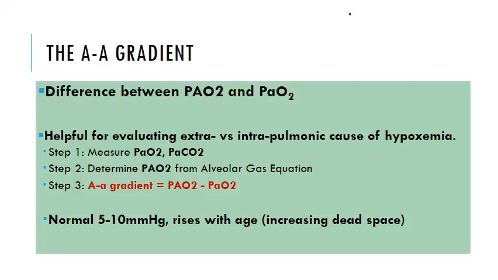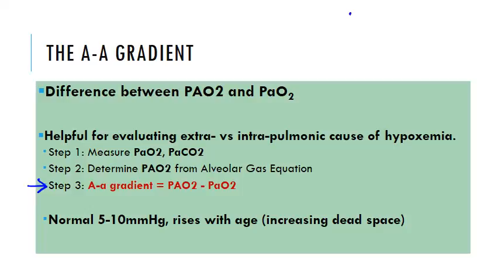And by subtracting the alveolar oxygen from the arterial oxygen pressures, you can quickly and easily figure out if it's within normal limits or if it's elevated. And those are the two main values you're looking for, normal or elevated.